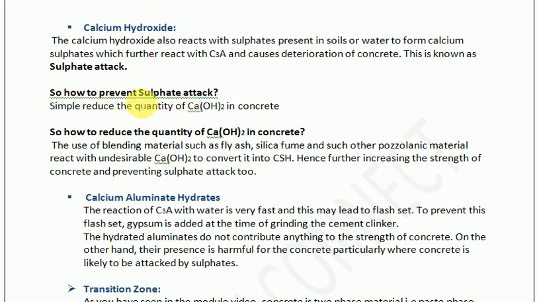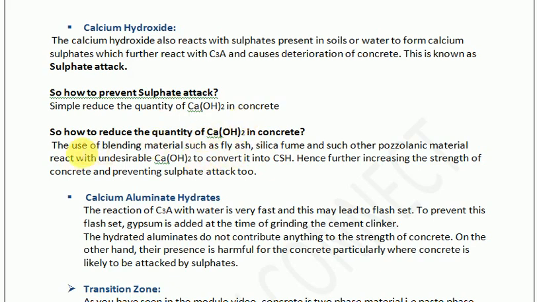So due to the sulfate attack, calcium hydroxide is undesirable. So how do we prevent calcium sulfate attack? If the calcium hydroxide quantity in the cement is reduced, then the chances of formation of calcium sulfate will reduce, and hence the tricalcium aluminate will not be able to react and deteriorate the concrete. Now the question arises, how do we decrease the quantity of calcium hydroxide?